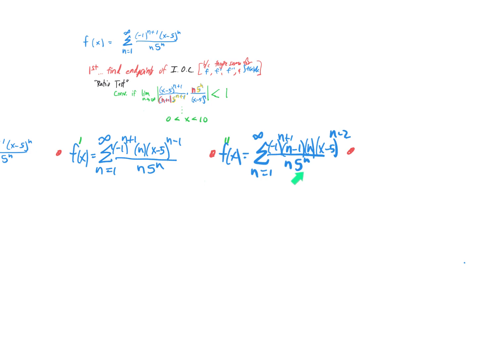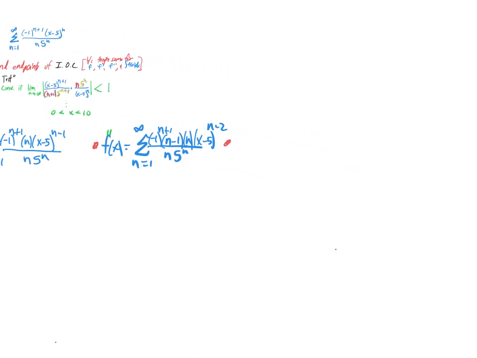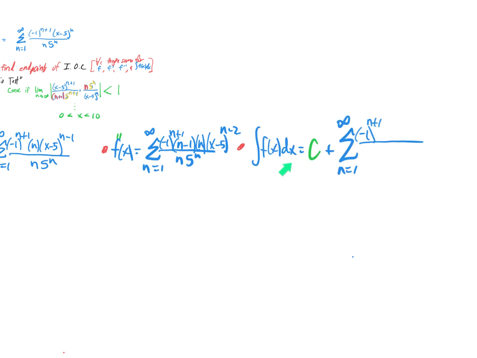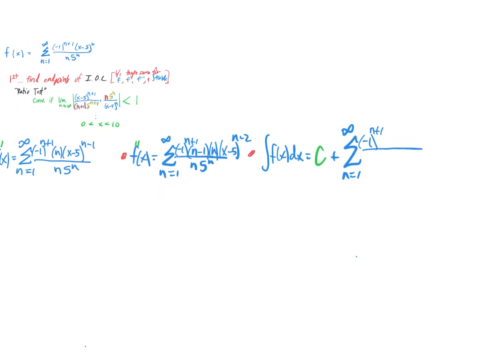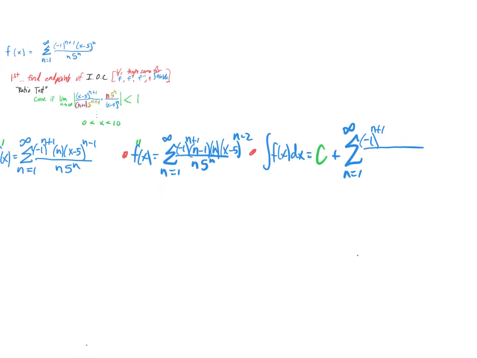And then our series for the integral. Let's not forget, right out of the gate, the constant. And then the series will be the antiderivative of each term of f. And each term of f has x minus 5 to the nth. So here we're going to have x minus 5 to the n plus 1.